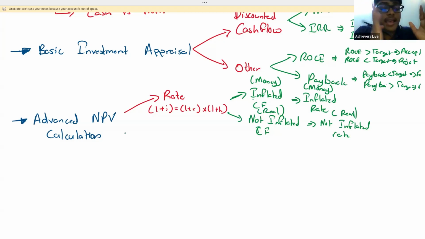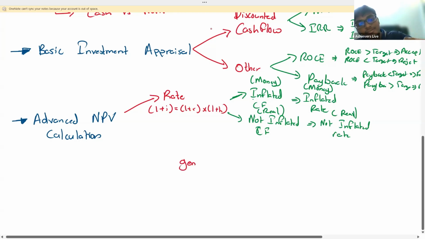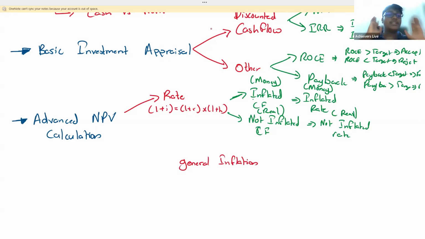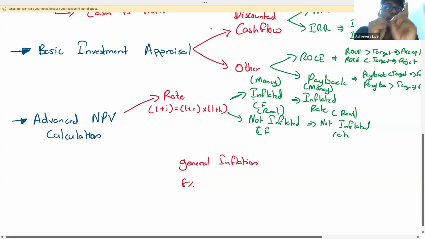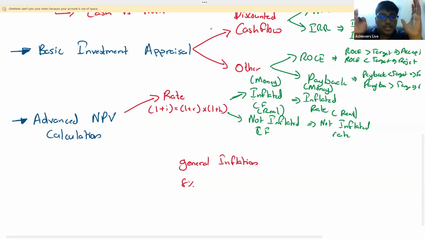One more important exam point which I'm teaching you all. Many of you are making this mistake. In a question, listen carefully, if they have given only the general inflation rate, only one inflation rate, let's say 8%, you can use either method.